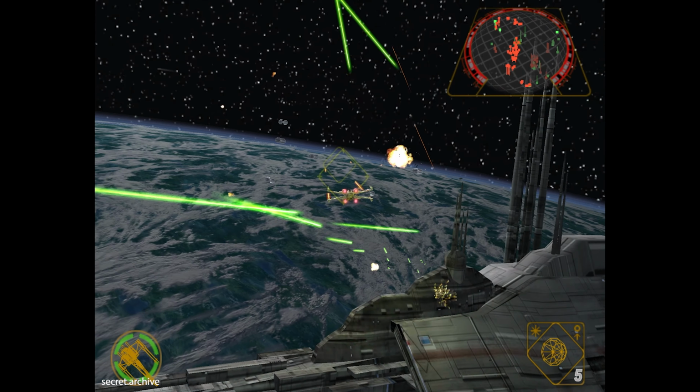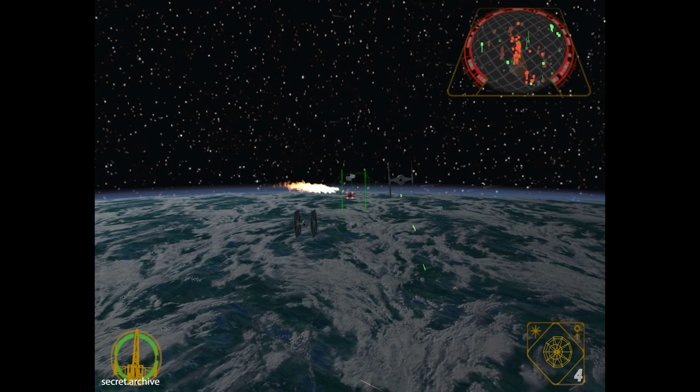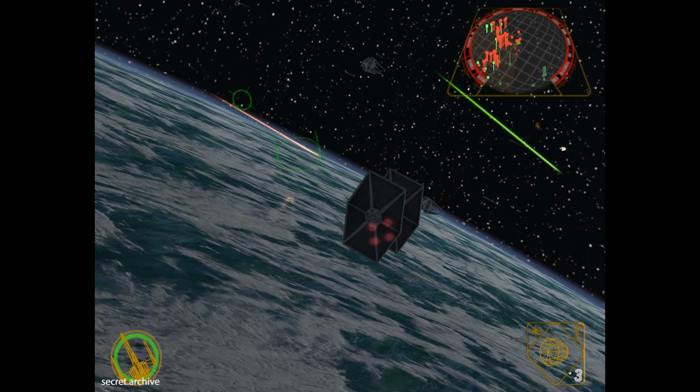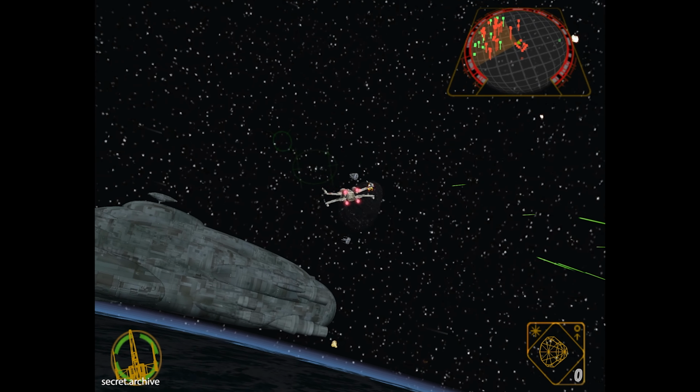Previous games like X-Wing Alliance or any of the Larry Holland games were pushing maybe 30, 40 ships at a time, and we're just blowing them away with what we got here. We're able to do the full squadron attacks, plus all the capital ship combat that you see in the movie.